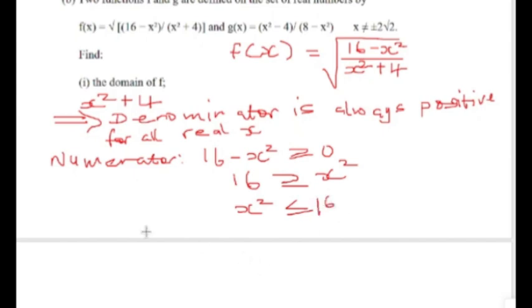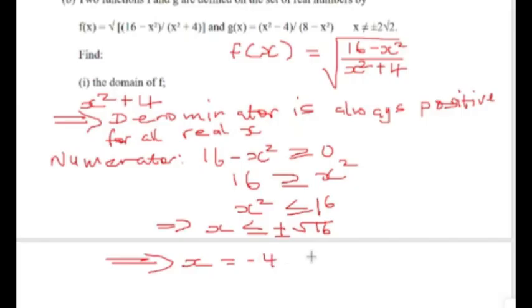Okay, now we take the square root of both sides. This implies that we have x is less than or equal to plus or minus root 16, giving us the final solution. x is equal to minus 4, okay, or x is equal to 4.